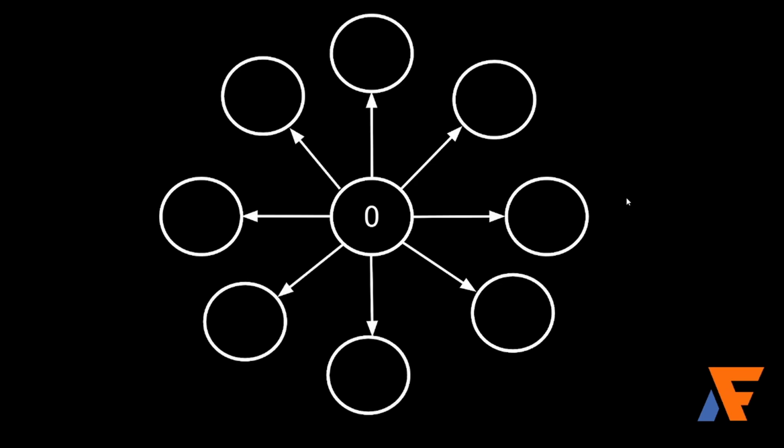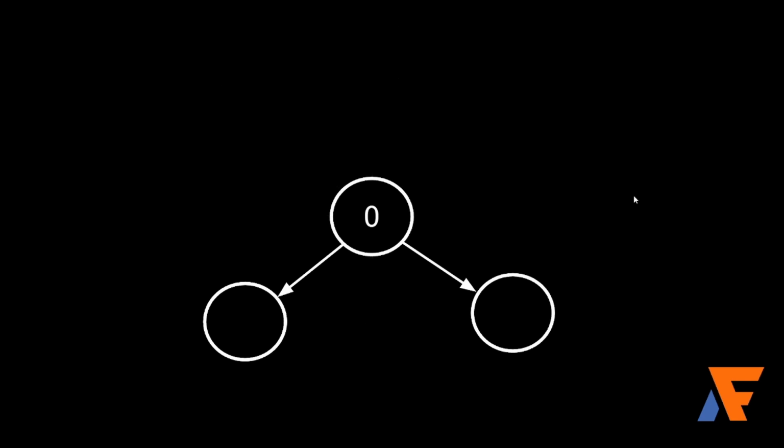Trees are represented in a similar way to linked lists. We start with a container and we can stuff a piece of data into it. Then we have some number of references from that container to other ones in the tree. Now for a binary search tree, we only need two connections.